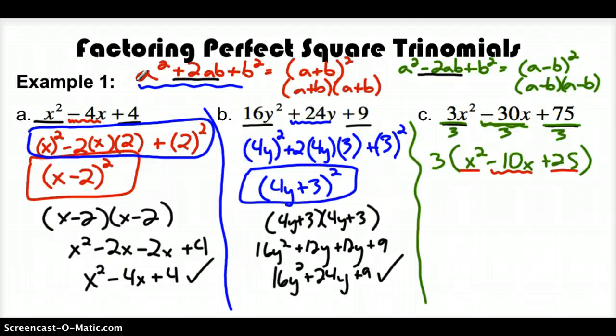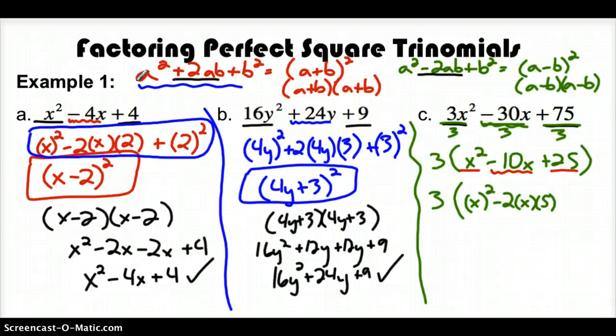I still notice that the term in the middle is negative, so I'm going to be leaning more towards my green pattern on this one. I'll write this out as 3 multiplied by a squared, which in this case, our a would be x, so x squared minus 2ab. Our a term is going to be x, and our b term comes from the 25, that's 5 times 5.